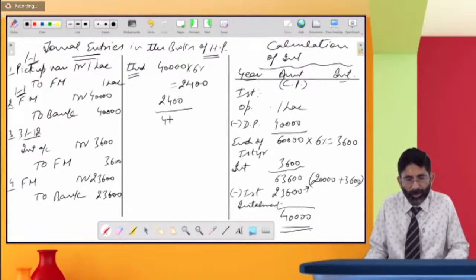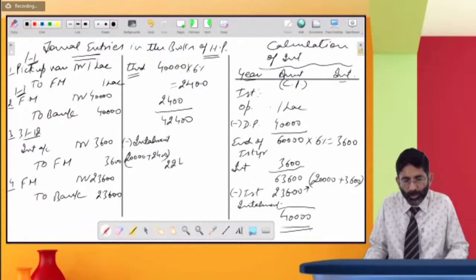Total amount due is 42,400. Now, the second installment is 20,000 plus 2,400, so it will be 22,400 which you have to pay, and the balance is 20,000 for the third year.